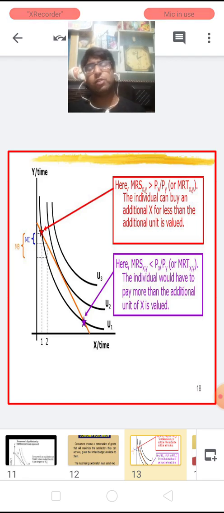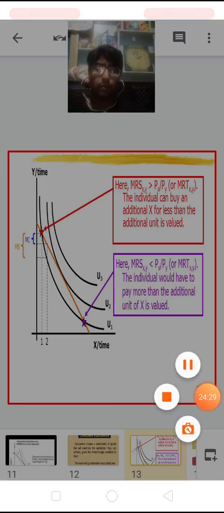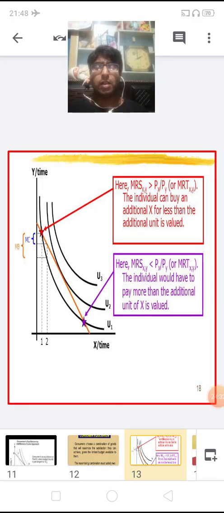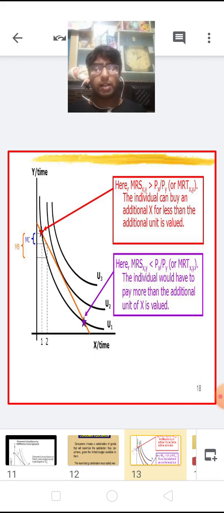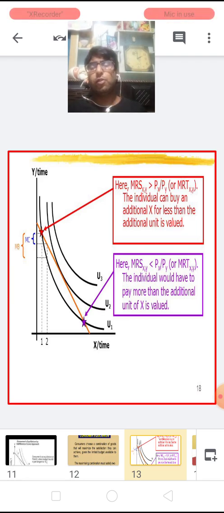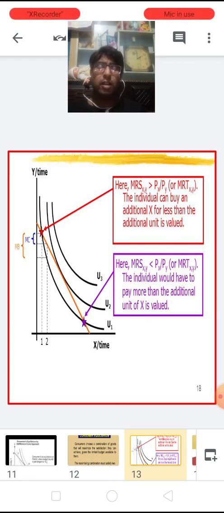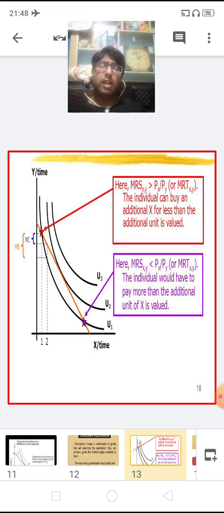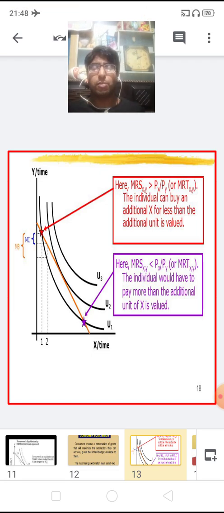Similarly, the second case says that if MRS_XY is less than Px upon Py, it means the consumer is getting more satisfaction from the consumption of good Y as compared with good X. So again, in order to come back to the equilibrium point, a consumer should consume more and more units of good Y, so that with every additional consumption of good Y, his marginal rate of substitution falls, and it will go down up to the point where MRS_XY again becomes equal to Px upon Py.